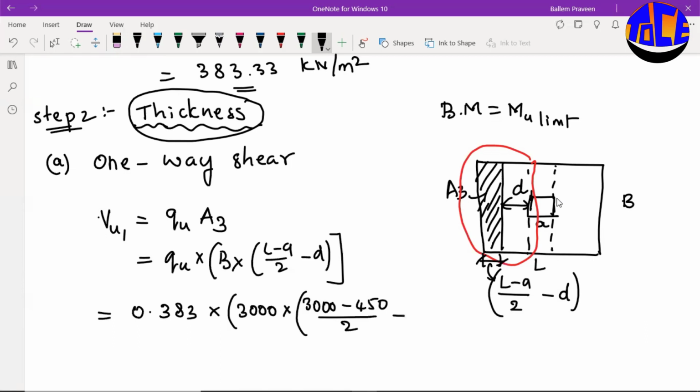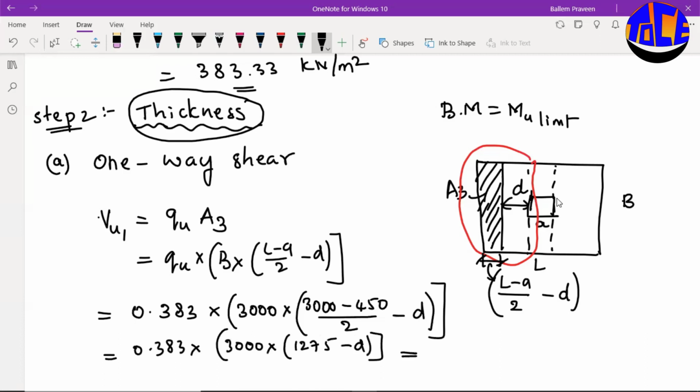And we don't know the D, so we need to find out the D. If you simplify, 0.383 into 3000, this value will become 1275, I think, minus D. Again, if you simplify this, it becomes 14,64975 minus 1149 D.